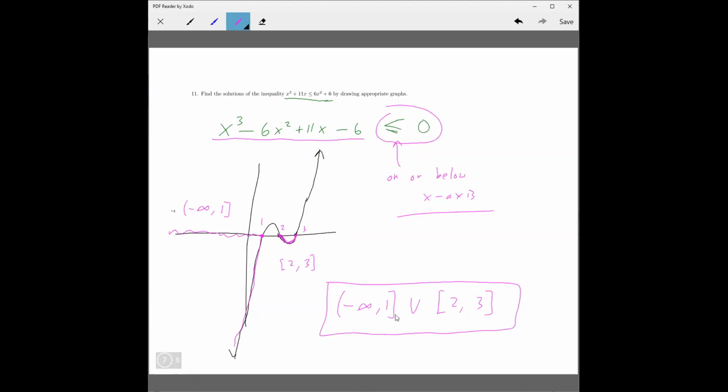It's important that you have these brackets right here. These brackets mean that 1, 2, and 3 are included in the solution. It's important to have parentheses here because negative infinity is not really considered a number, so it's not included. So it can't be a part of the solution.